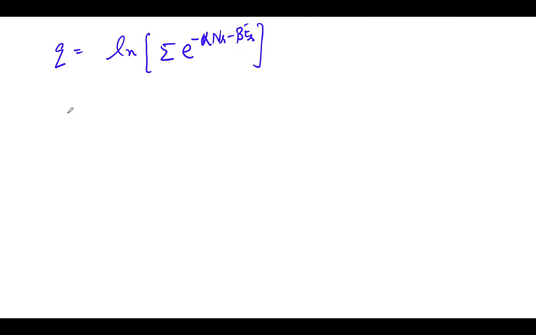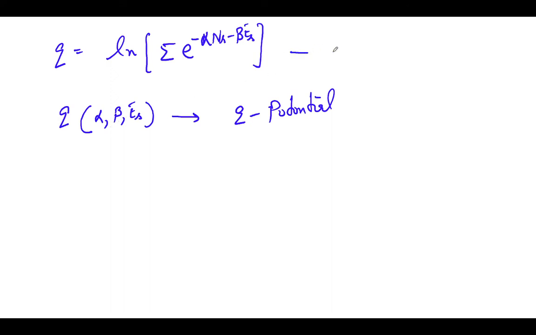Since this q is dependent upon three parameters, alpha, beta and es, it is generally known as the q potential. Let us say this is equation number 10.